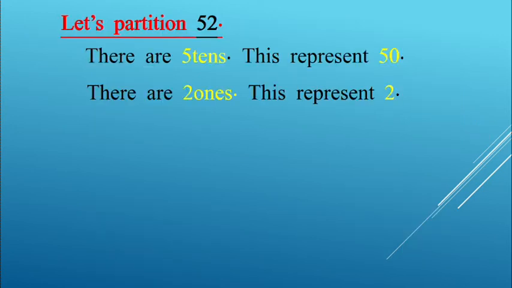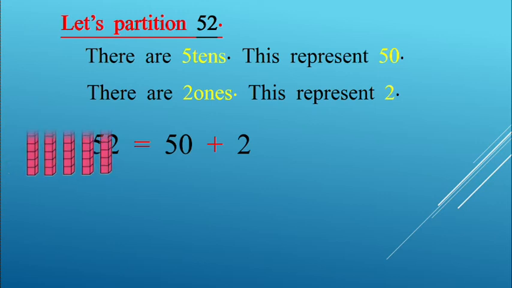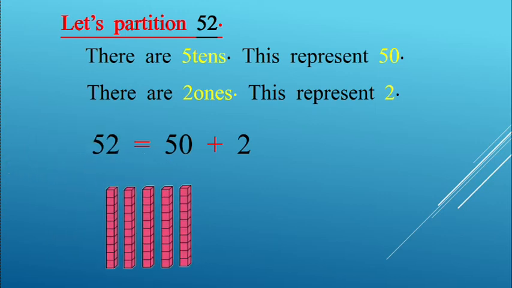Let's partition 52. There are 5 tens, this represents 50. There are 2 ones, this represents 2. 52 is made up of 50 plus 2. 52 is 5 ten blocks and 2 one blocks. 5 ten blocks plus 2 one blocks equal 52.